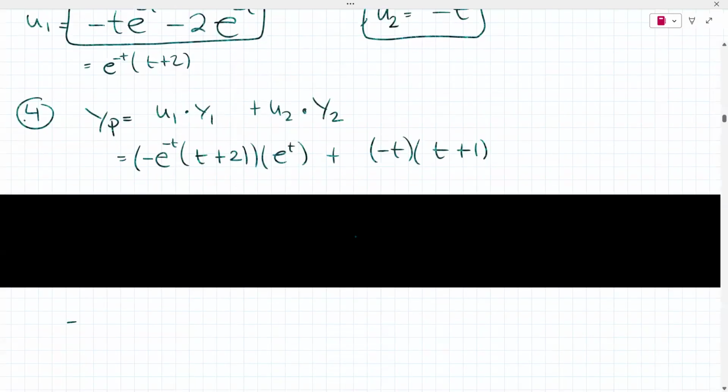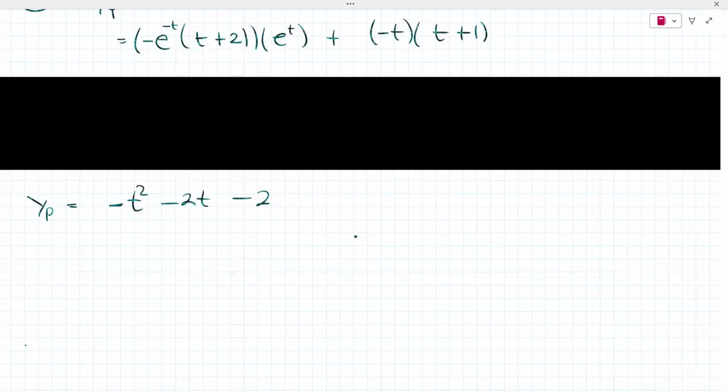So when you put it all together, my yp is negative t squared minus 2t minus 2. Okay, we found our yp.